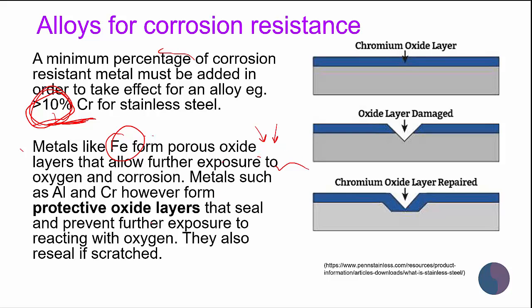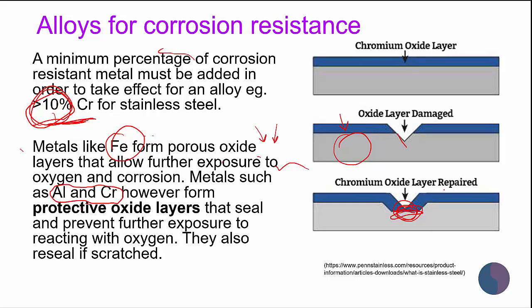The more expensive metals, we're not going to use gold and silver, but aluminium and chromium, are less reactive, and they'll form an oxide layer that doesn't allow further interaction of oxygen with the unoxidised metal, so an alloy in there. Even if it's scratched, as long as it's of a certain percentage, when it reacts it still forms an impervious layer.